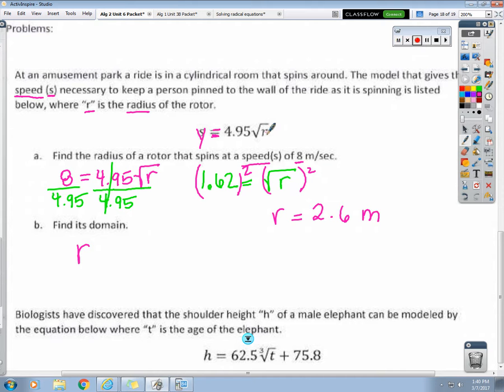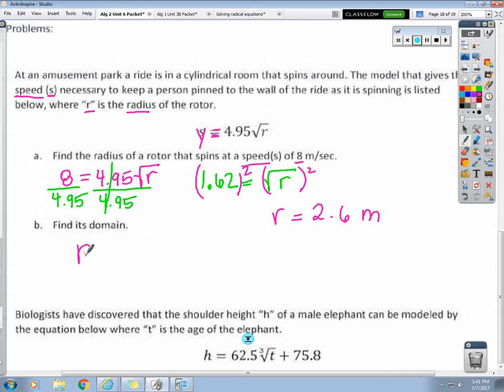And if you're square rooting a number, and think about it, we're talking about a radius, what does it have to be? Numerically, you can only square root what kind of number? Positive. You can't take the square root of a negative number, correct? And you also can't have a negative radius of something.